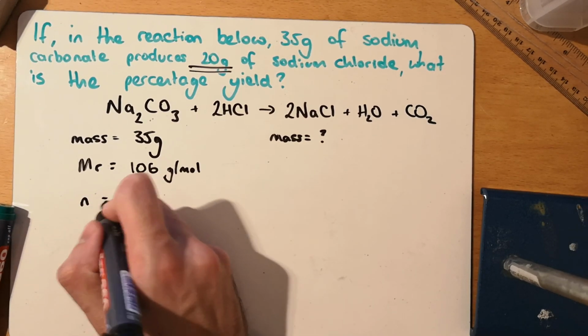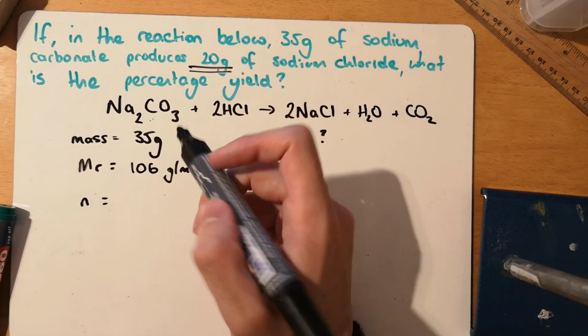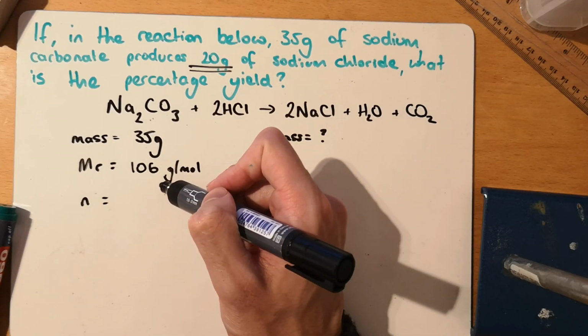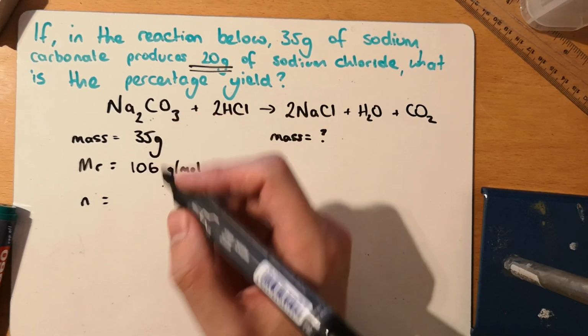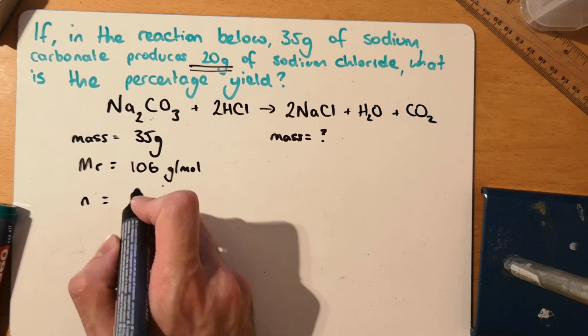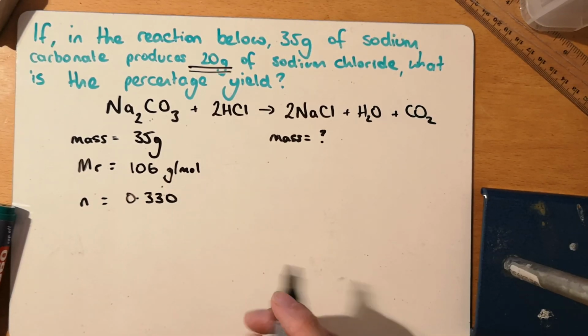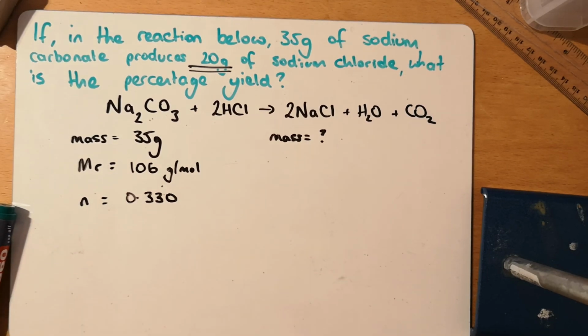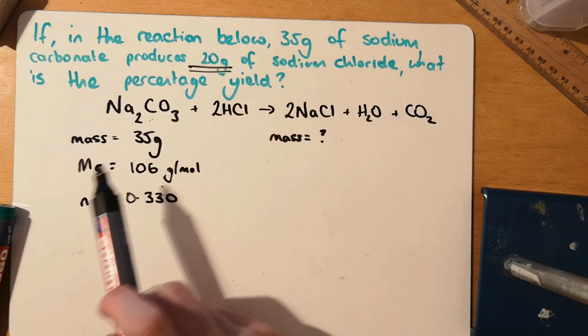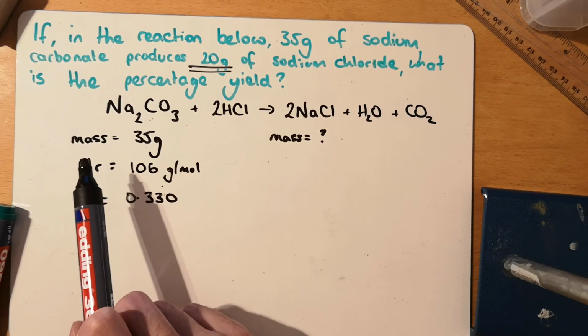And that is N, or our number of moles. We'll do 35 divided by 106, mass over MR, would give us 0.330. Now, just out of habit, I always like to go to 3 decimal places or 3 significant figures. So next up, we've been balancing equations previously, and this is where balancing equations comes in handy.